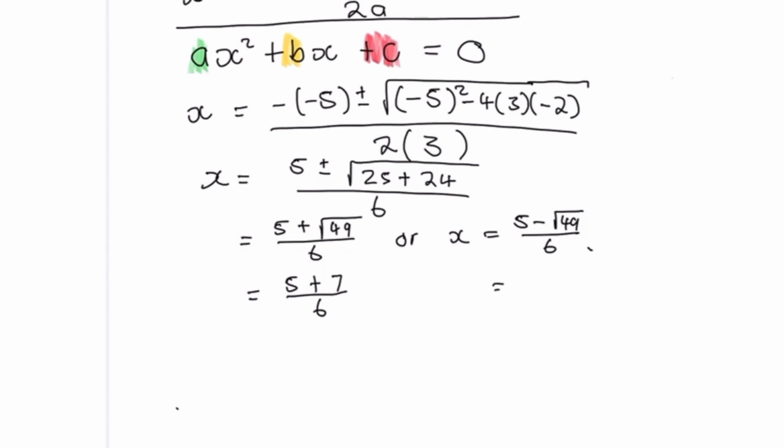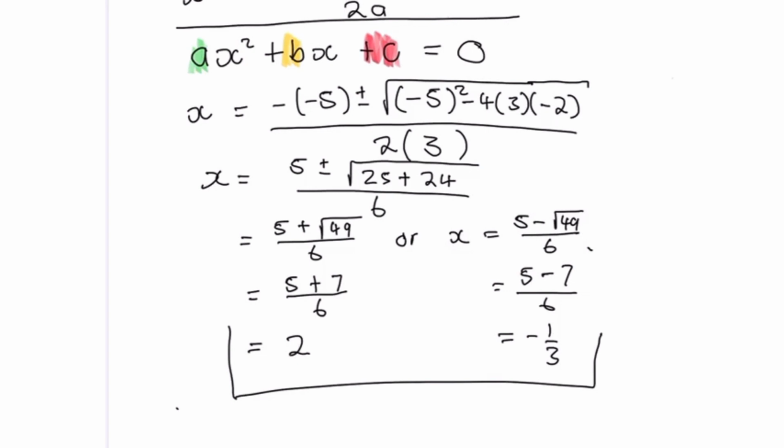The square root of 49 is still 7, so you just subtract 7 from 5 and then over 6. And so the answer for this question is that x is 5 plus 7, which is 12 over 6, which is 2, and 5 minus 7 is negative 2 over 6, which is negative 1 over 3. And these are your solutions to the problem.